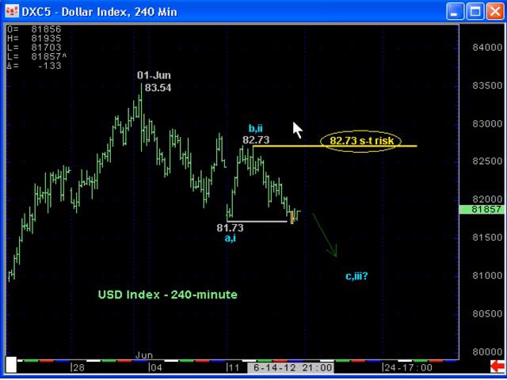We suspect that above that point the market should trend very impulsively to new highs and potentially significant highs above that June 1st high at 83.54. While the market remains below 82.73, further erosion, perhaps even accelerated losses following that Greek vote on Sunday, come Monday trading next week, should not surprise.